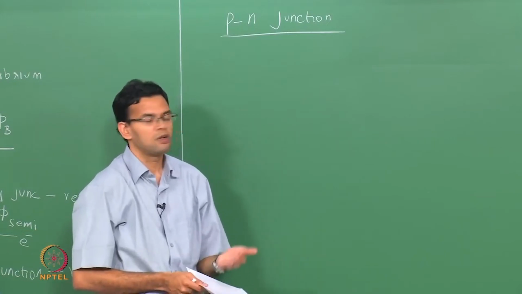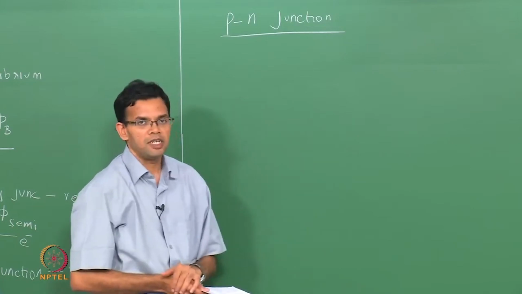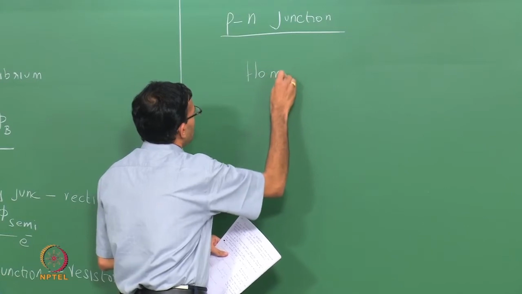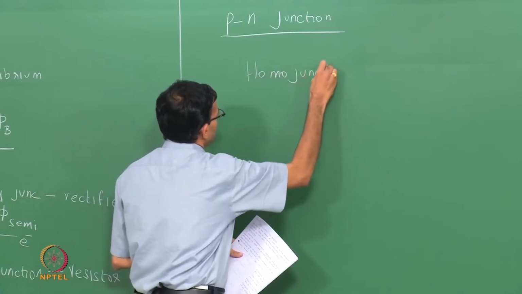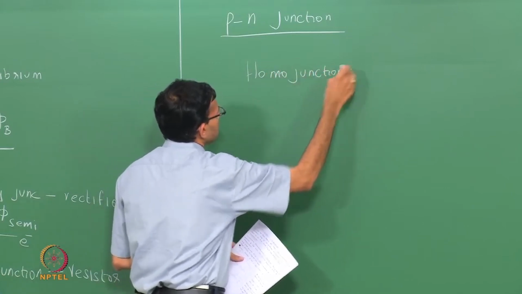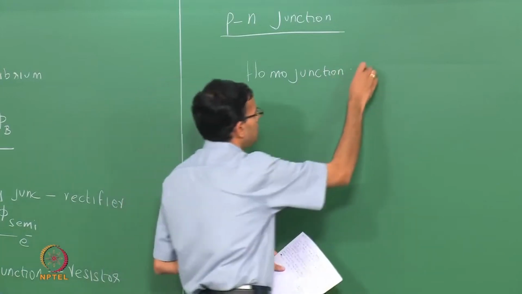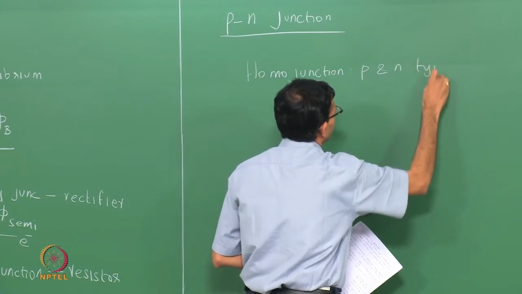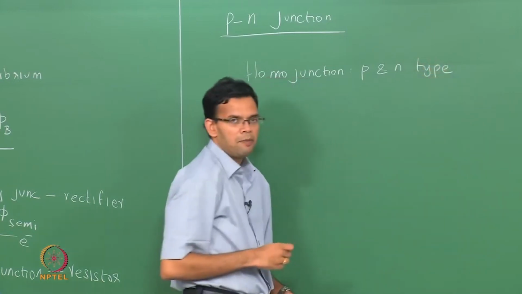Usually, both are formed from the same material, and such a kind of junction is called a homo junction. These are where both your p and n type are from the same material.